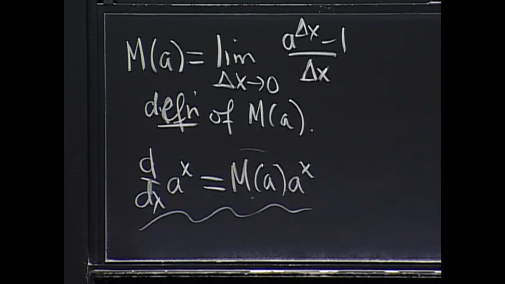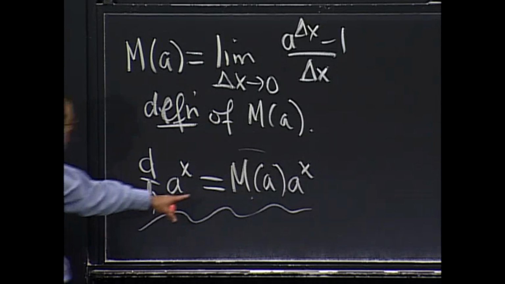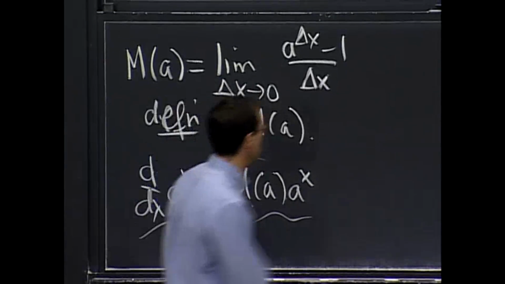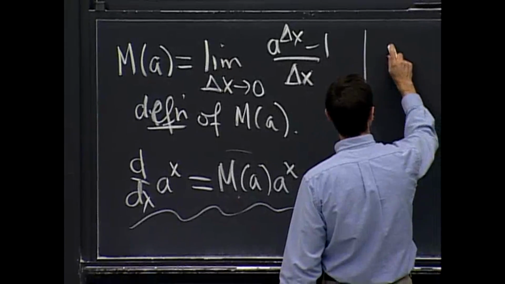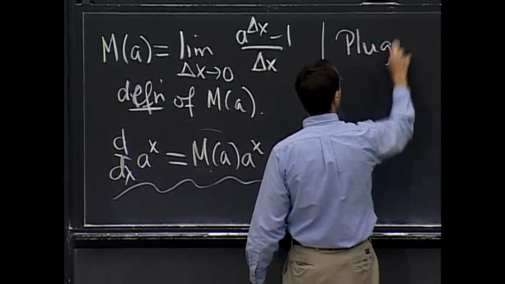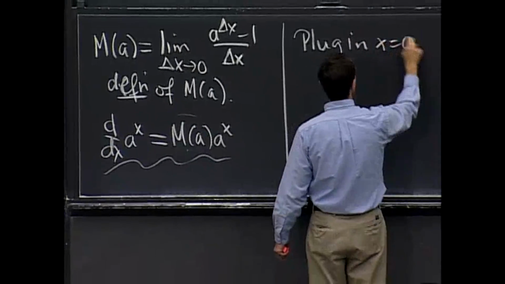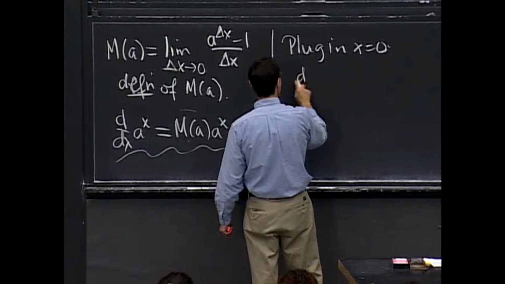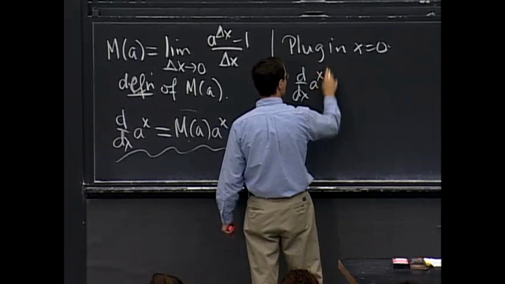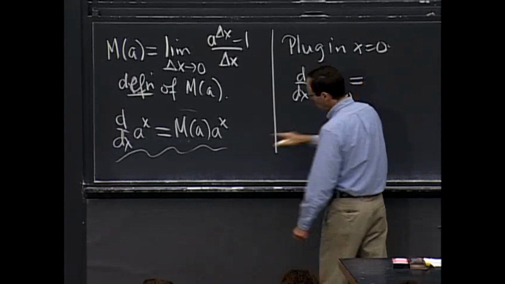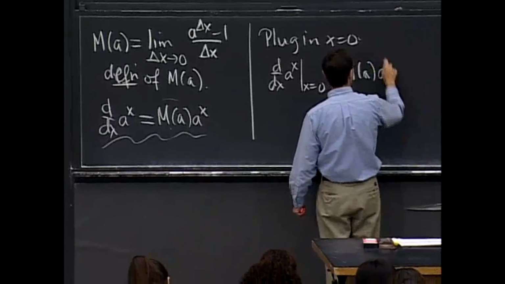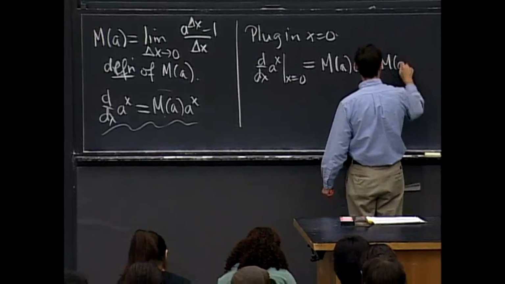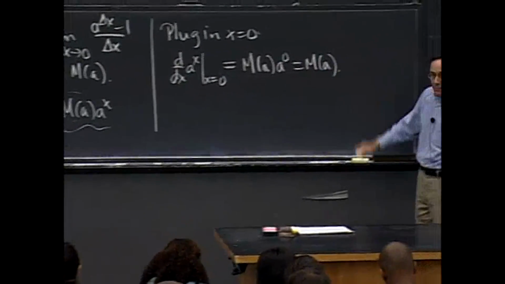Now let me point out two more things about this number, m of a. First of all, if I plug in x equals 0, that's going to be d by dx of a to the x at x equals 0. According to this formula, that's m of a times a to the 0, which is, of course, m of a. So what is m of a?